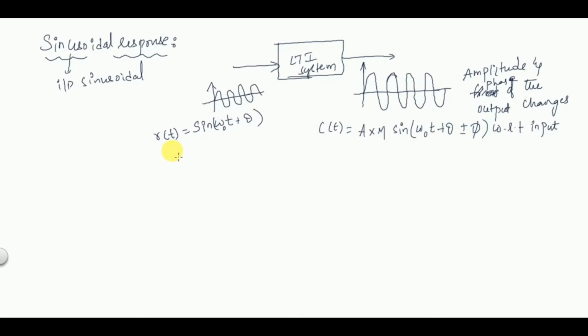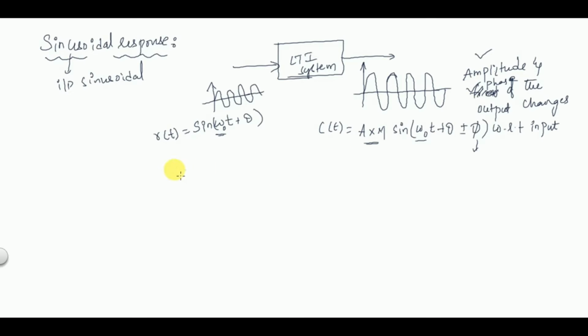So if r of t is A sine of omega naught t plus theta, then c of t is A into M sine of omega naught t plus theta plus or minus phi. There is only a change with respect to M and phi. Omega naught remains the same, that is, the frequency remains the same, and only the amplitude and phase change.